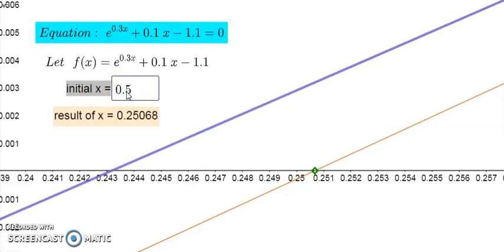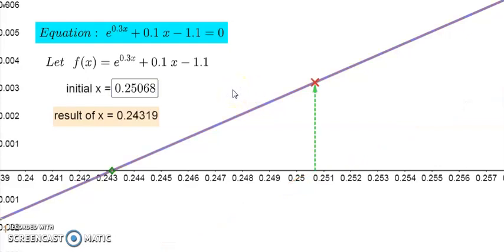Now I continue the calculation as a repeating process, where the initial value is changed to the result we just found, 0.25068. Later, you will find that it forms a point corresponding to this x value on the blue curve, and a tangent line for this corresponding point will be formed. Let's see what happens.